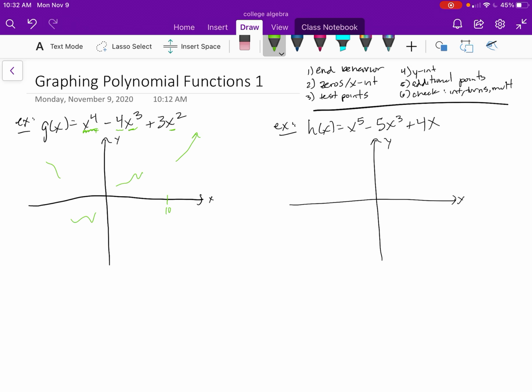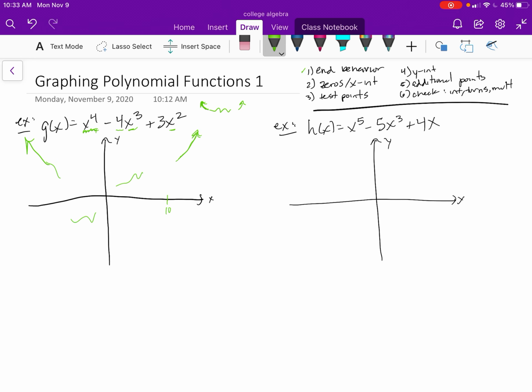But I do know as we move towards infinity, as x gets larger and larger, this function would shoot towards infinity. Now, if I substitute a negative value in there, because it's to the fourth power, it also is going to tend towards positive infinity on the y. So the end behavior for a positive x to the fourth is that it would begin high, decrease, and then at the end increase, and I don't know what it's doing in between.